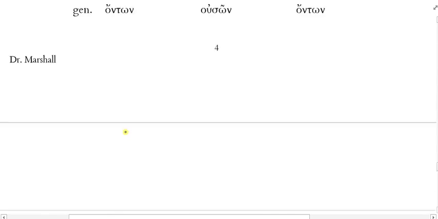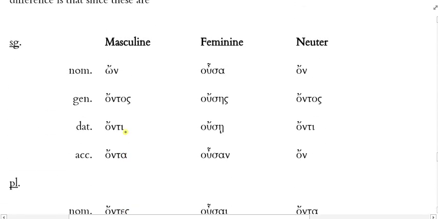And let me just remind you that on here does look a lot like another form of something that you've seen, but it's actually this, hon. Does anybody remember what hon is? Yes, relative pronoun. And this is the accusative singular masculine form of it.